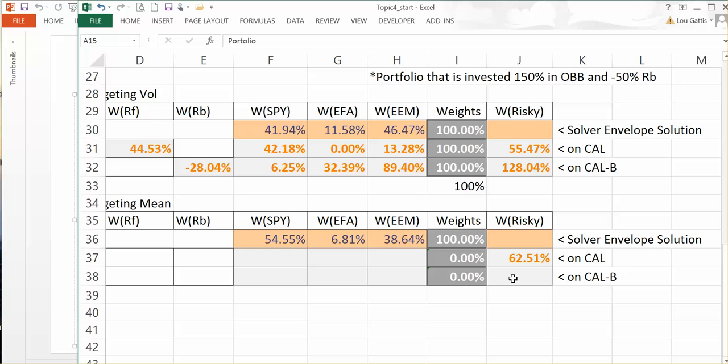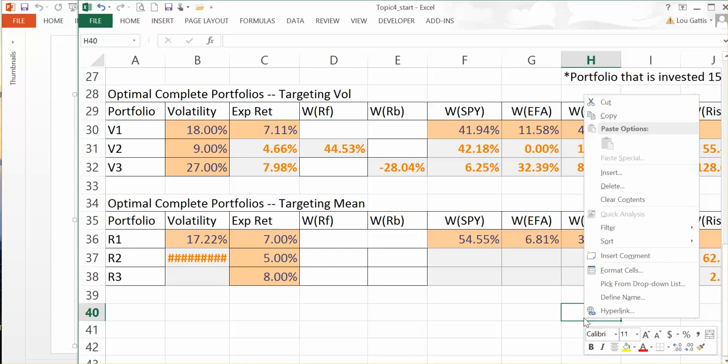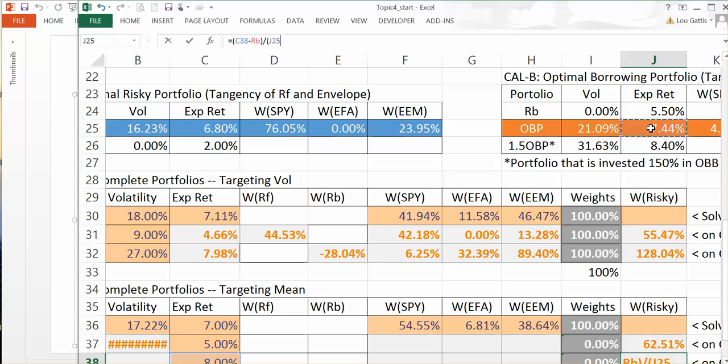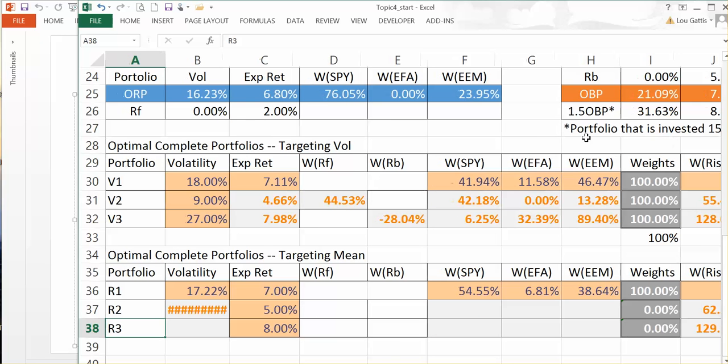That portfolio is going to be a ratio of my total desired return, 8, minus RB, since I'm combining leverage, divided by the expected return of my risky borrowing portfolio, 7.44 minus RB. So that's 129%. Looks like I need to change a format here.